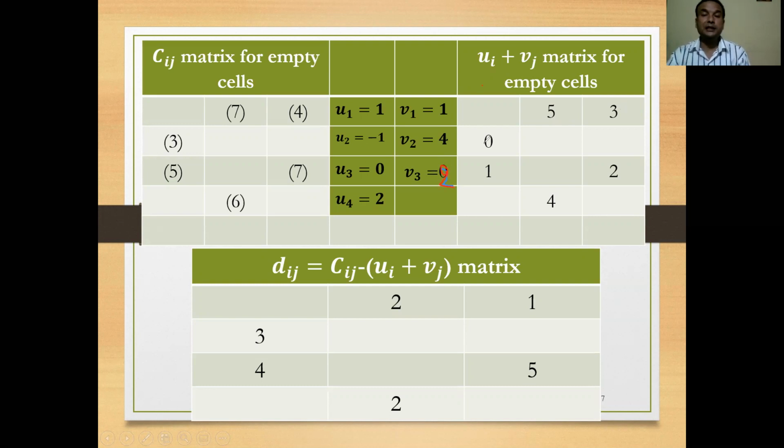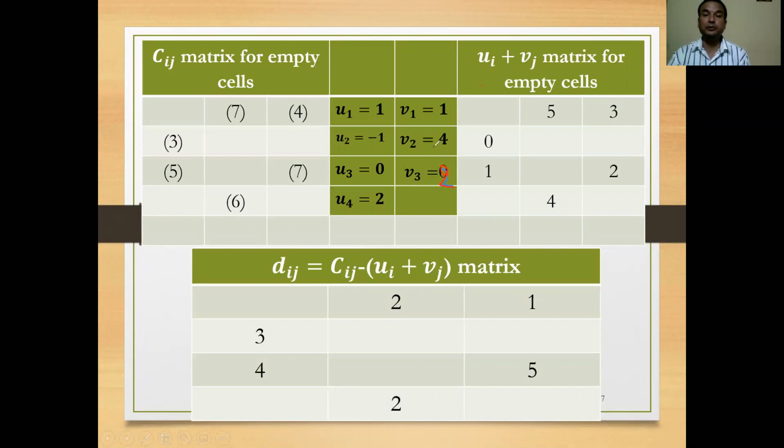Then this is U2 plus V1, minus 1 plus 1 is 0. Then U3 plus V1, 0 plus 1 is 1. Then U3 plus V3, 0 plus 2 is equal to 2. Then this is U4 plus V2.